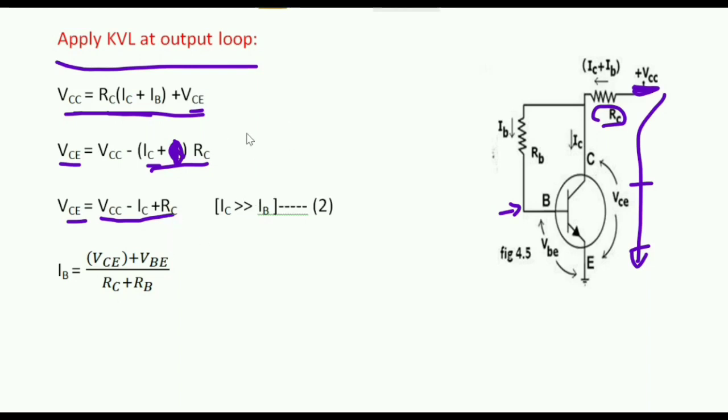We have neglected it because, let us take IC as 100 and IB will be 1 or 2, and if we add both of these, it will be 101 or 102. There is no big difference between 100, 101 or 102, so we are neglecting this IB value for simplification.